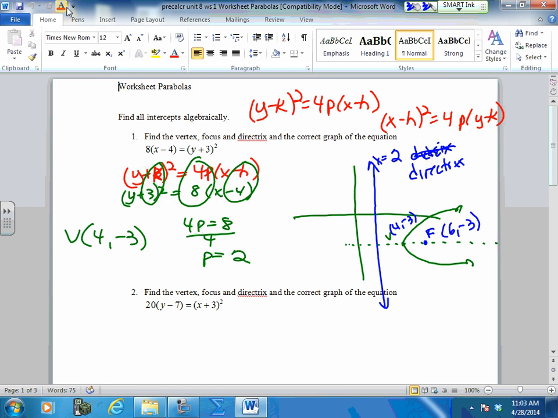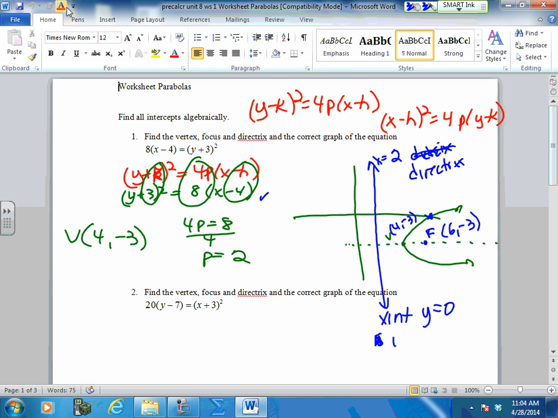Okay, so we know our focus point, we know our directrix. The only other thing we're missing is the intercept. Now, I just said find the focus, directrix. Find the intercept as well. Don't find the one that's not there because it's not going to be there. This I want to find is my x-intercept. If I want the x-intercept, I have to set y equal to 0. Now, since you're only given the one equation, start with that, and it doesn't matter if you use this one or that one.